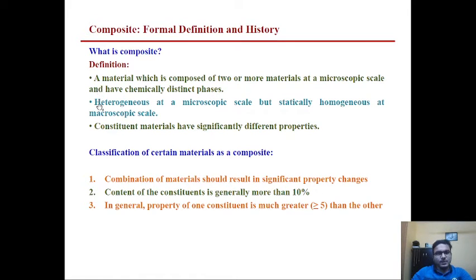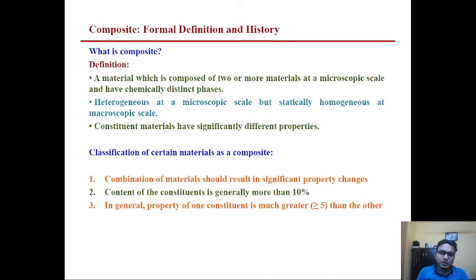So they are heterogeneous at microscopic scale, but they are statistically homogeneous at the macroscopic scale. Based on the exterior, they look homogeneous, but at the microscopic level they are chemically different phases. Now, these constituent materials, that is, the contributing materials, have significantly different properties.